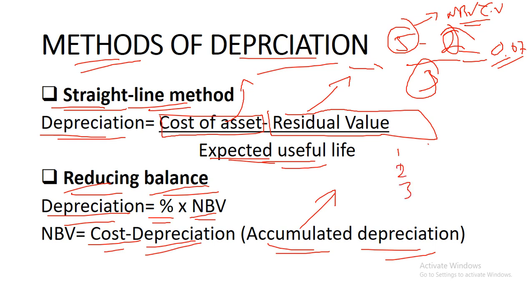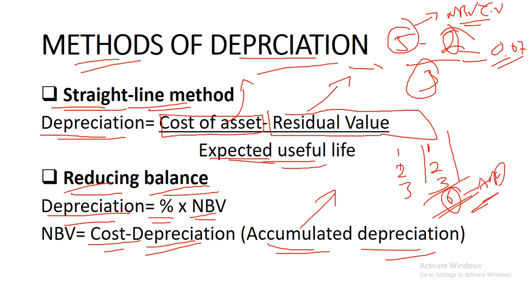So in year 1, if we charge the depreciation of 1, then here we charge the depreciation of 2, then here we charge the depreciation of 3. Then we find the total. So 3 plus 2, that's 5, and 6 here. So this 6, that's the accumulated depreciation, right?